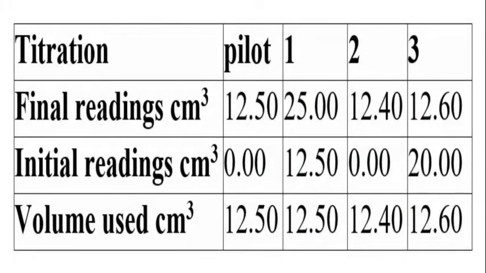Table of results. By considering the SI units and 2 decimal places of the values, you are supposed to record a table of results of the burette readings as you see there.